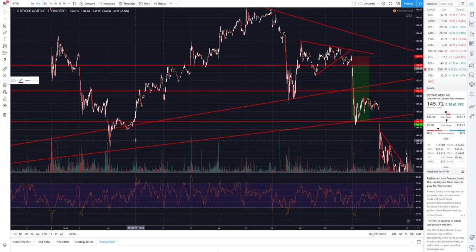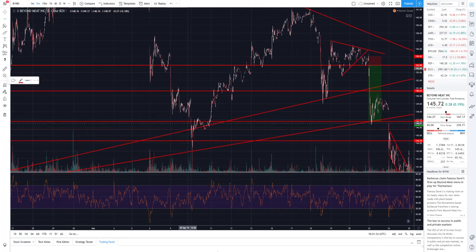You can pick the bottom here as your target, or you can pick the top here, which is the daily consolidation. It chilled here all day and then spiked up. So this is also support.